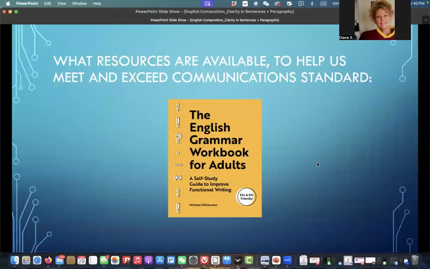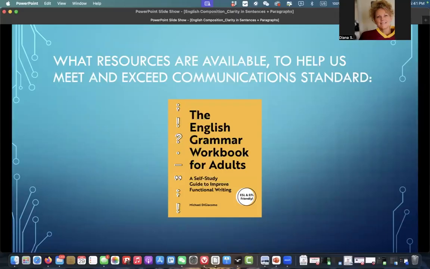So, what other resources are available to help us meet and exceed communications standards? I got a link for this book in an email from an organization called BookBub. They send out links for digital books that are frequently discounted.